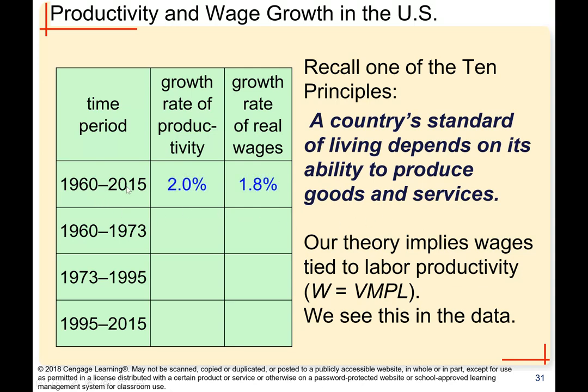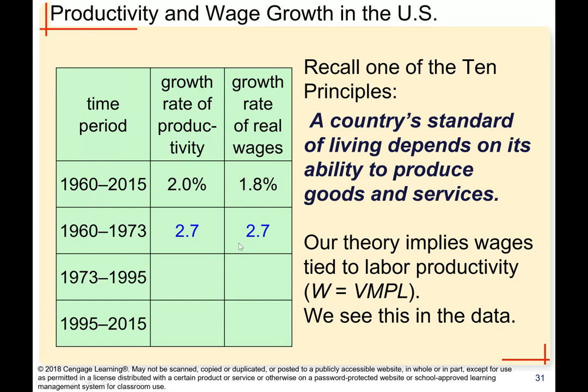Between 1960 and 2015, there was 2% growth in productivity, and the growth rate in real wages was 1.8%. From 1960 to 1973, the growth rate was 2.7% in productivity and 2.7% in wages.